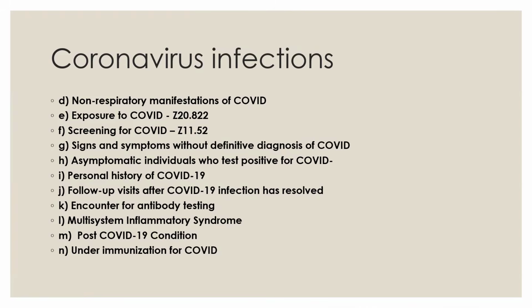If a patient is asymptomatic and they test positive and there is no provider documentation of a diagnosis, please query your provider. We also have a personal history of COVID-19, and you would use Z86.16 for this.